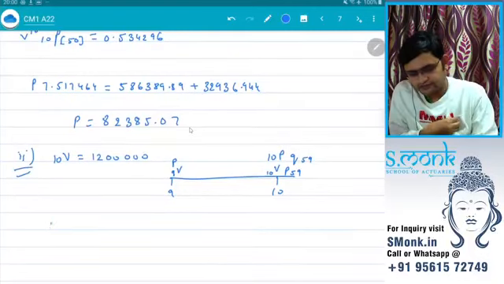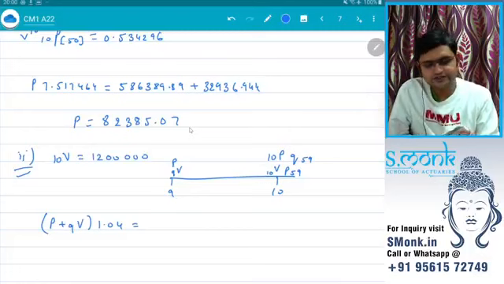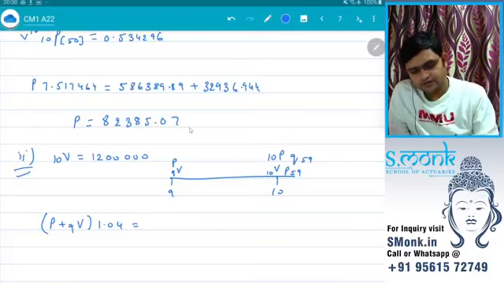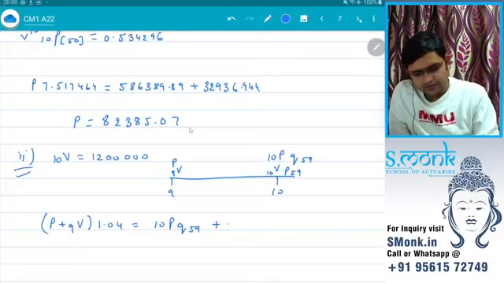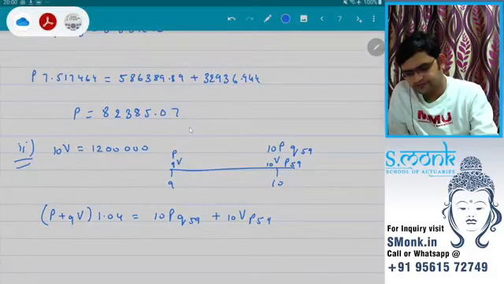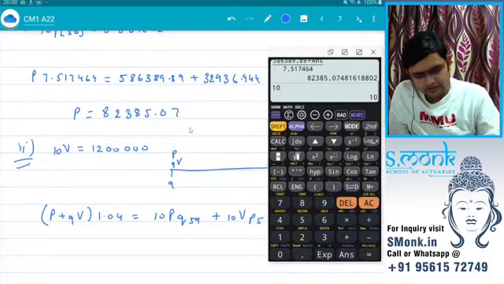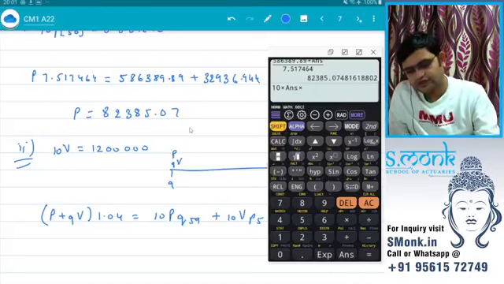So P plus 9V into 1.04, because 4% is our reserving rate of interest, will be equal to 10p q59 plus 10V p59. So we already have these values. So I'll say 10 into answer into q59.